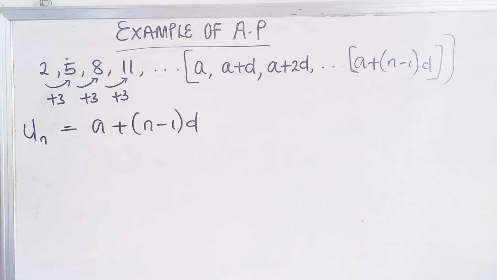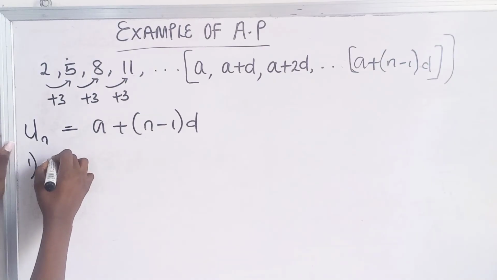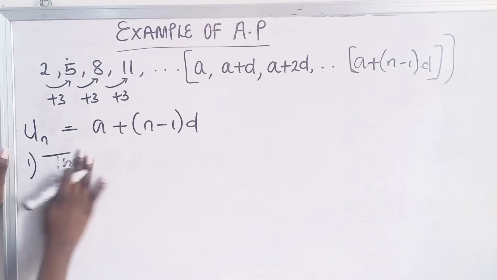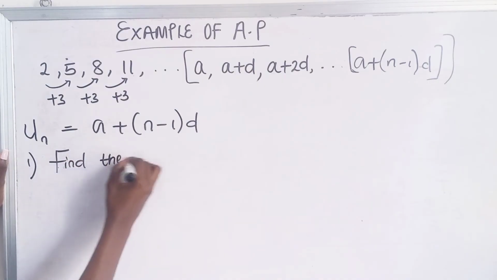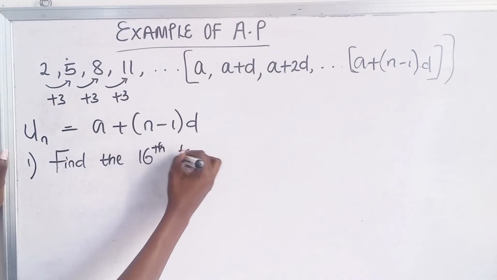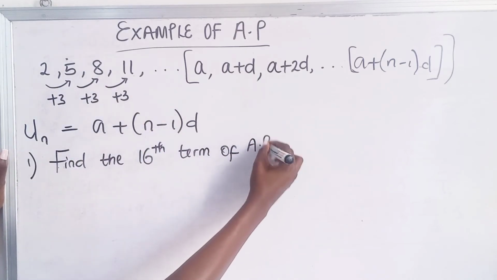That way if you're asked to find any term, you are able to solve it because you know the formula. Now imagine that we're asked to find the 16th term of this AP.